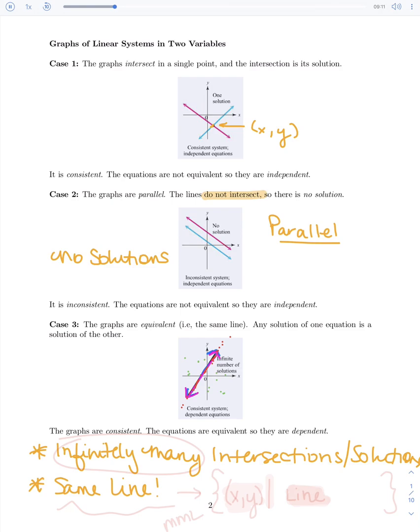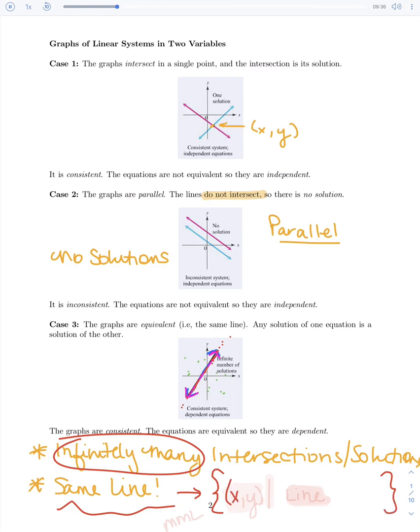Now, MyMathLab does usually like to write this answer a special way. Sometimes they'll ask you how many solutions, and you would say infinitely many. Sometimes they'll say, what does that mean about your graph? They are the same line. But they usually have a fancy way to say this, and they'll say basically that all of our solutions will look like the following, and they'll put it in set braces.